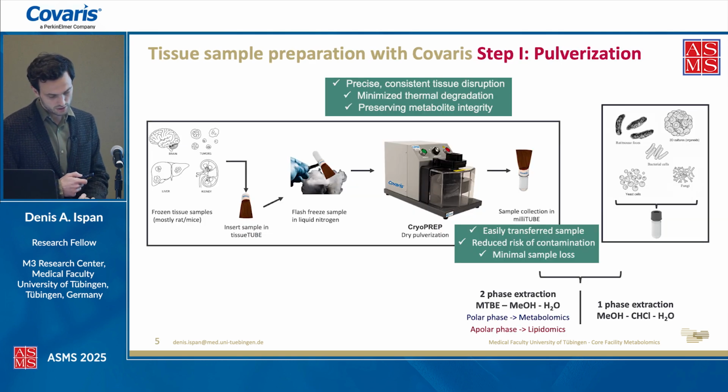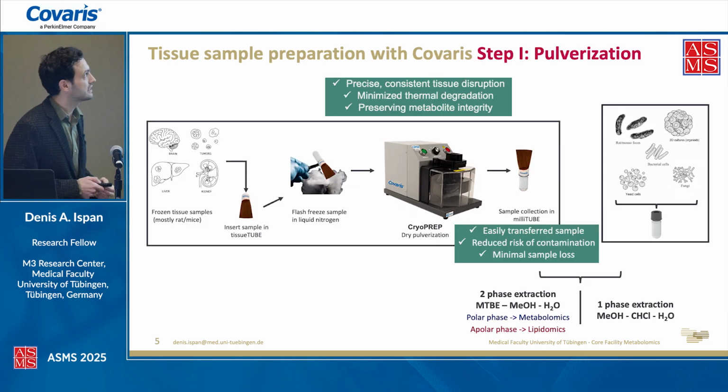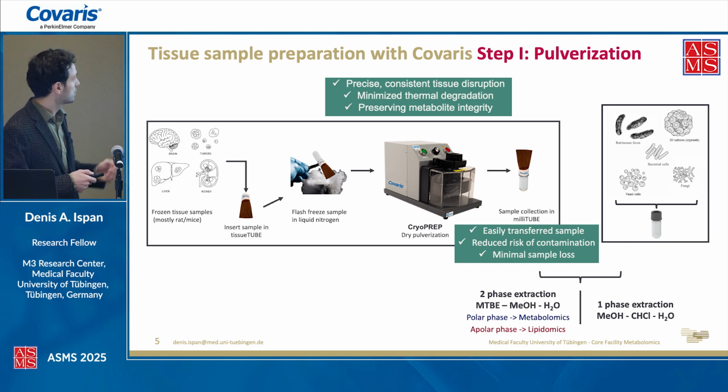Here's an overview of our first step, which is pulverization. We use frozen tissues, mostly from rat or mice, and in this case brain, but also, of course, liver and kidney.